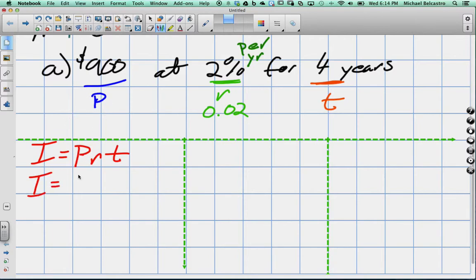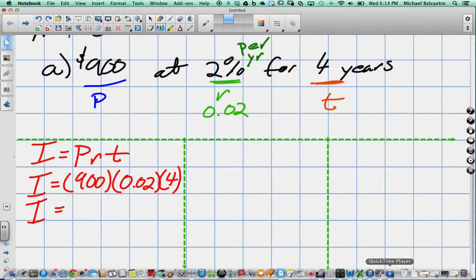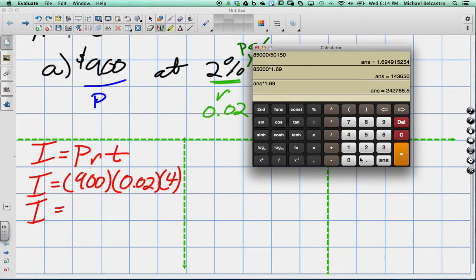What's our P? 900. How much is our R? 2%, so 0.02. And our time in this case is 4. So this is very straightforward. We just multiply everything together. So 900 times 0.02 times 4 equals $72.